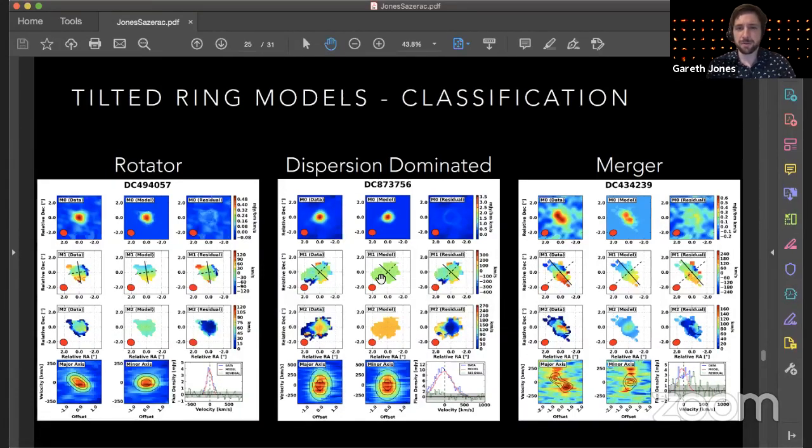Some are fit with very low velocity gradients but very high velocity dispersions, so these are dispersion dominated for sure. And then there are some galaxies that are terribly fit with a tilted ring model because they are not rotating disks, they're actually mergers. So we can add this evidence to the initial qualitative analysis.